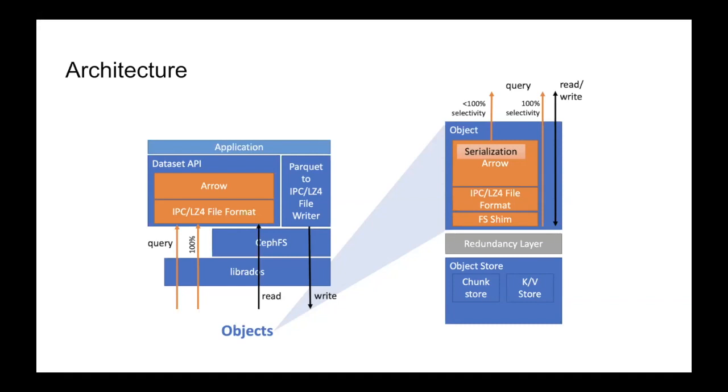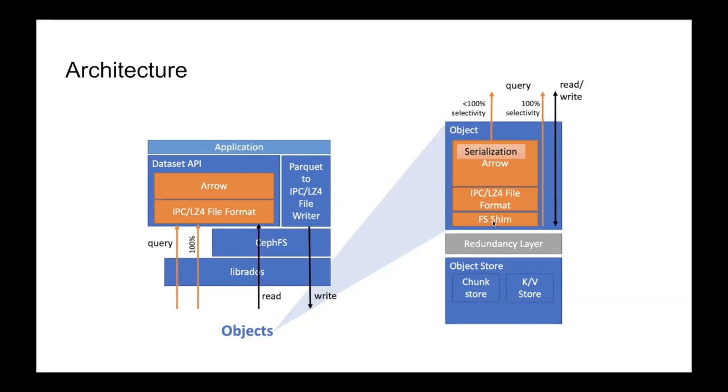How it works is that, since Arrow libraries are developed for working on files stored in a file system, we need to add a new layer, a file system shim, so that the Arrow libraries can work with chunks or data blobs.